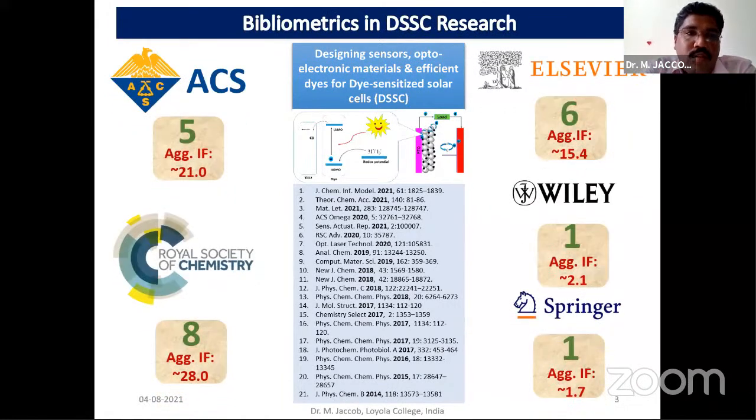These are all the bibliometrics related only to optoelectronic materials. After starting my collaboration with a well-known friend, we have published more than five papers in ACS, 8 papers in the Royal Society of Chemistry, and another 6 papers elsewhere. The aggregate impact factor is also given.